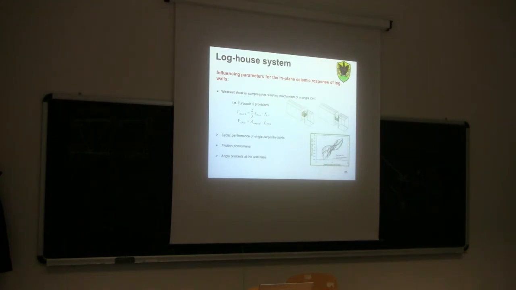Who is preventing this wall from moving horizontally? Basically the contact with this other wall. So this perpendicular wall could move only if there was a shear failure in this connection region, or a failure for compression perpendicular to the grain in the contact with the other wall.